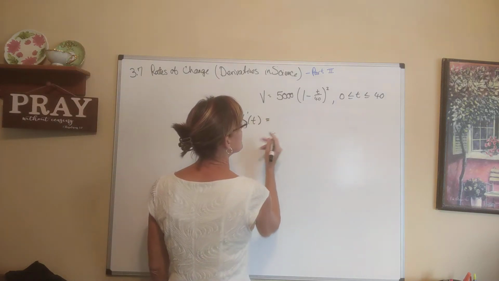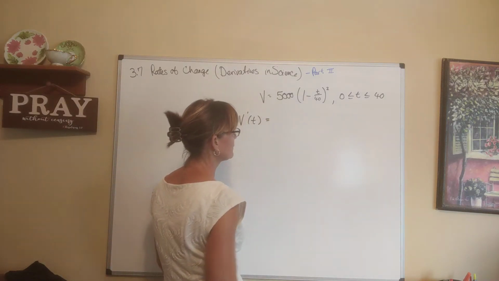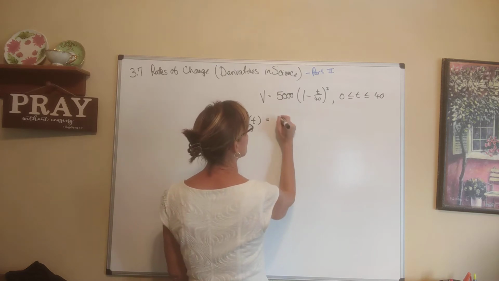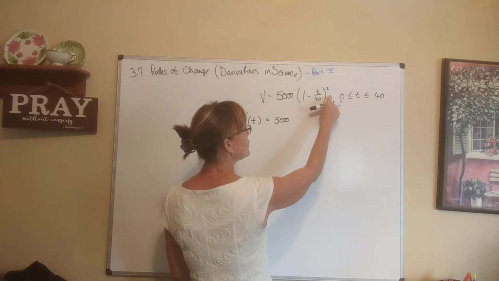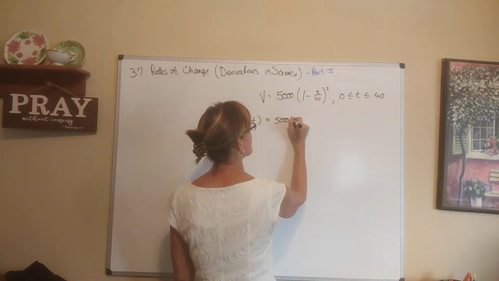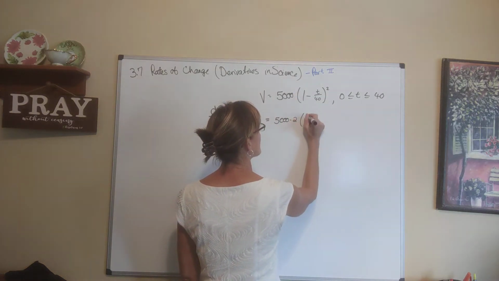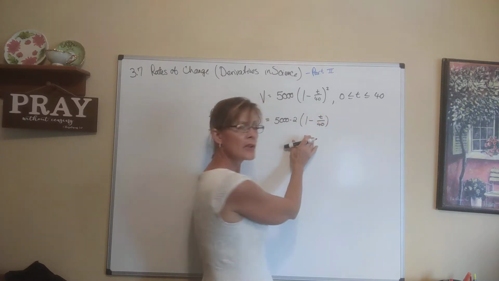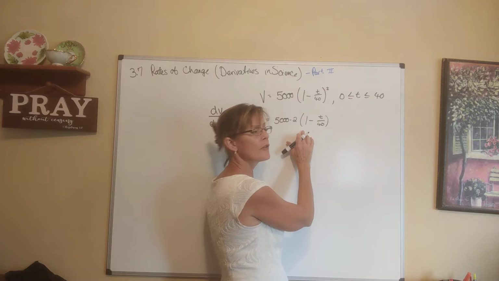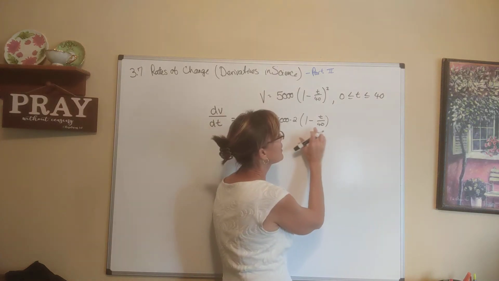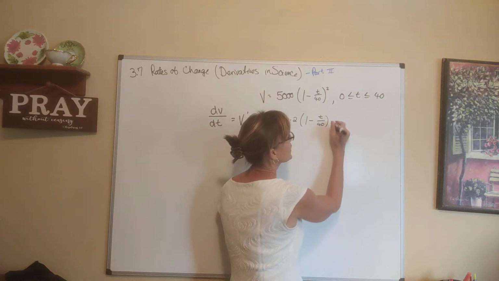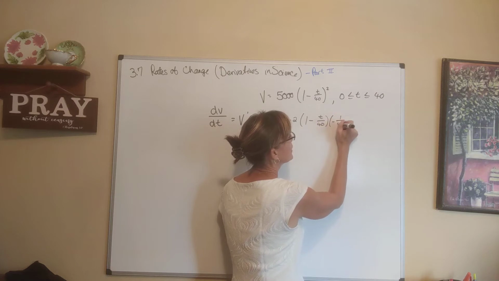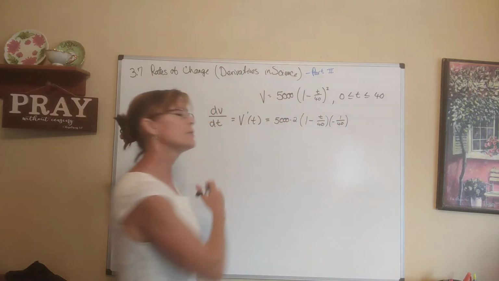5,000 is a constant. We leave it in front. This is power rule: 2 comes in the front, times 2 times (1 minus t over 40), times the derivative of the inside function. The derivative of 1 is 0. The derivative of negative t over 40 is just negative 1 over 40. So this right here is V prime of t.